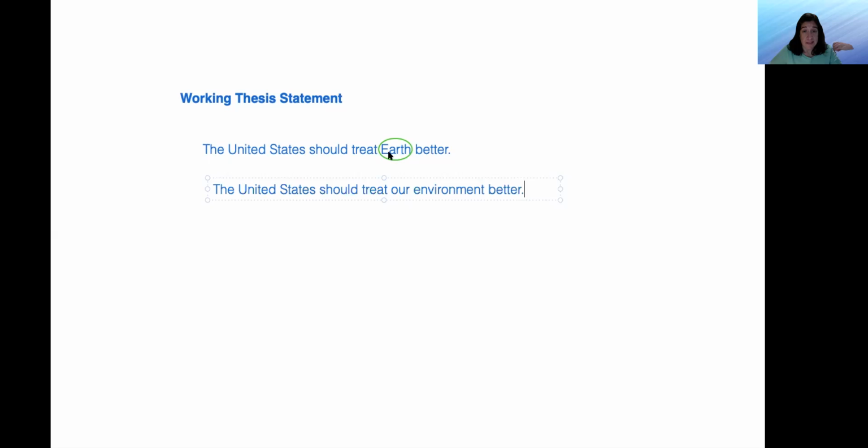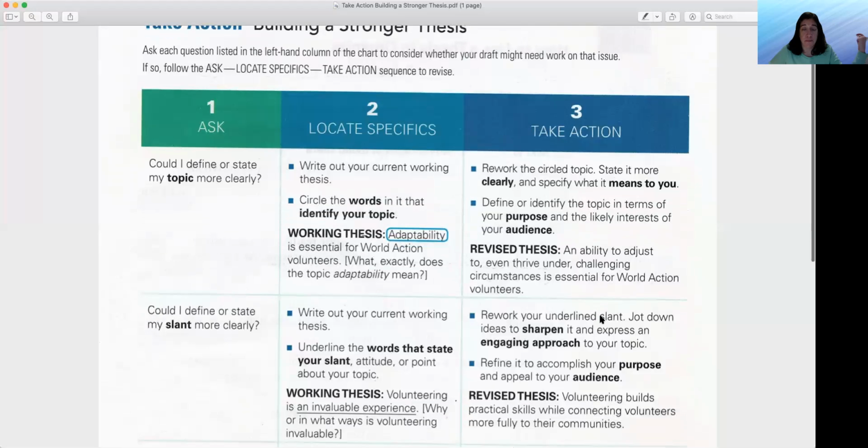So instead of just Earth, we made it a little bit more specific, and now we need to treat our environment better. Okay, let's go back to our chart.